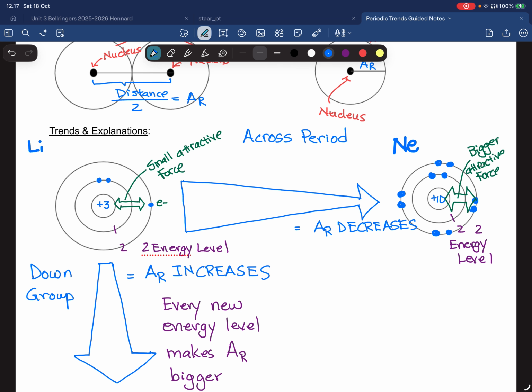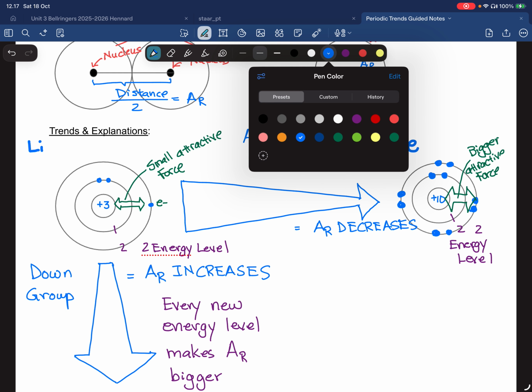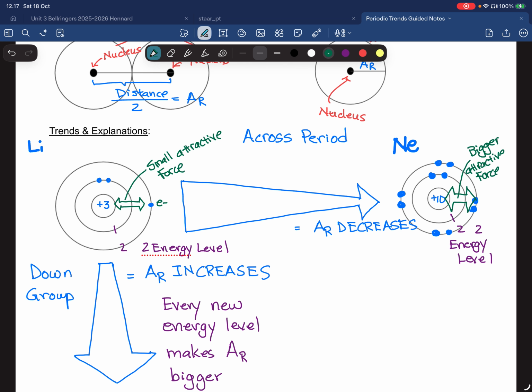Now I'm going to use green because I was putting the attractive forces in green, so I'm going to use green for this explanation. And so the explanation is, number one, you have the same number of energy levels, but number two, you have more positive charge.